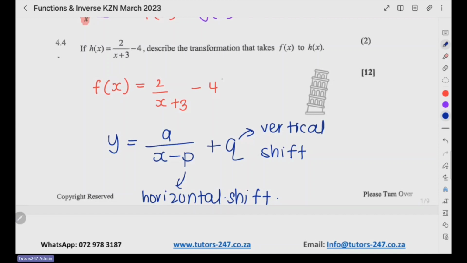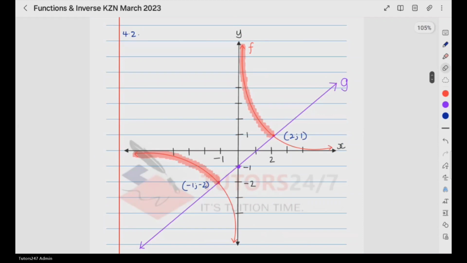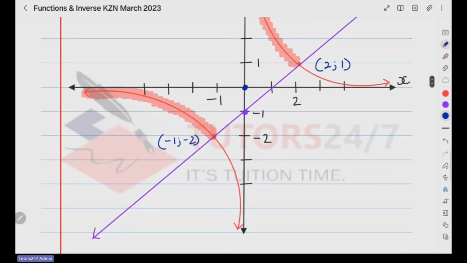So let's start here with -4. In order for the function to originally be 0, then to get to -4, we ask ourselves, how did this function shift to go from 0 to -4? If we go back to our graph, if you are at 0, so this is 0, and you want to get to -4, which we can say is over here, you have to shift 4 units down.